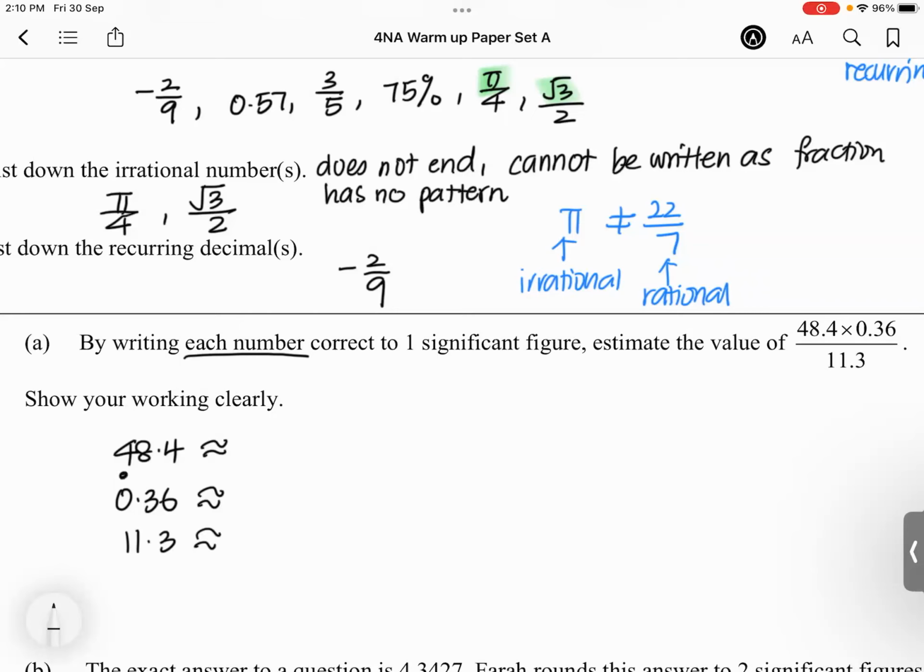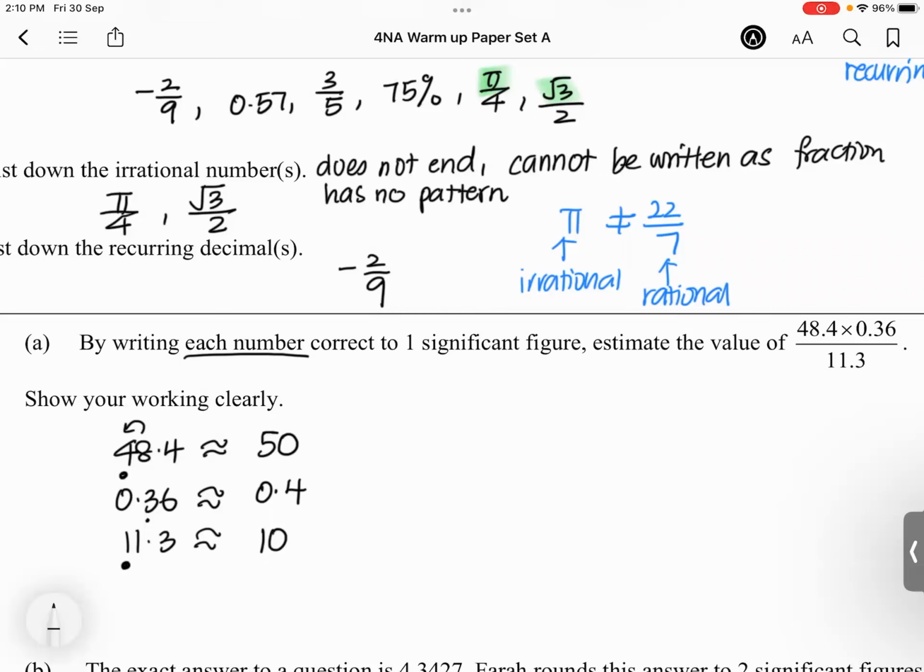This number itself to 1 s.f. will be 5, round up. This is in the 50 range. So for 1 d.p. to 1 s.f., this one is 0.4. This one, the first significant figure is 1, so this number is actually 10.